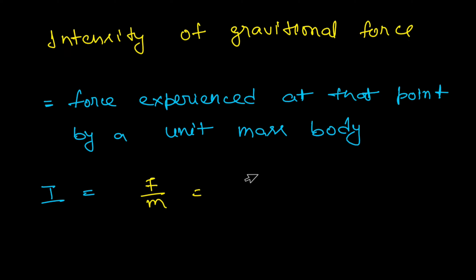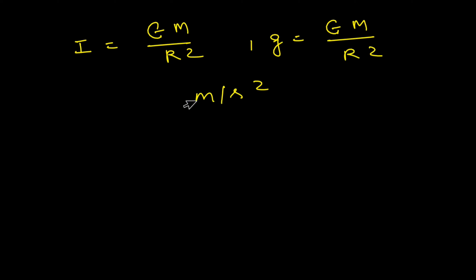The force due to Earth is GM by r square upon the mass of the body, which is equal to GM by r square. So I is equal to GM by r square, and acceleration due to gravity is also GM by r square, and both have the same unit, meter per second square.